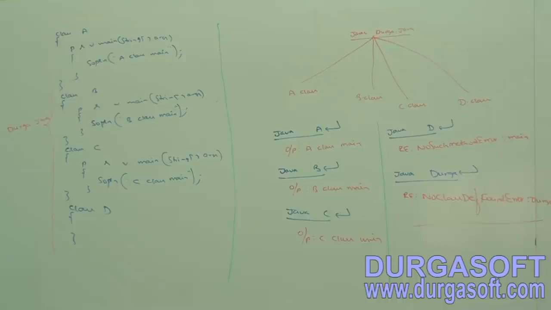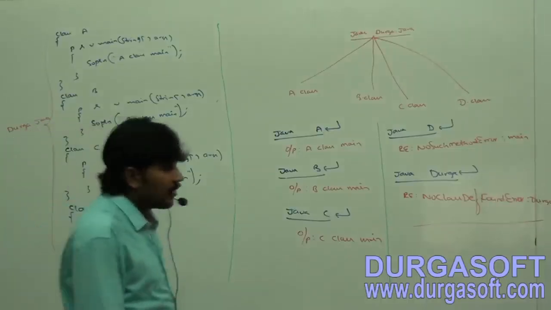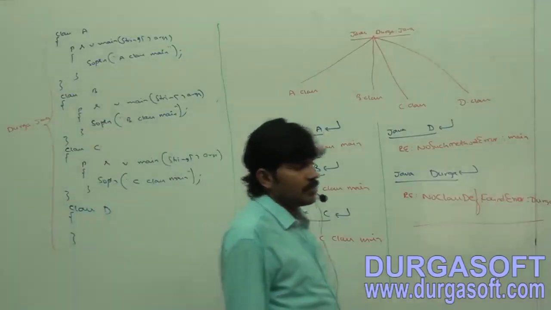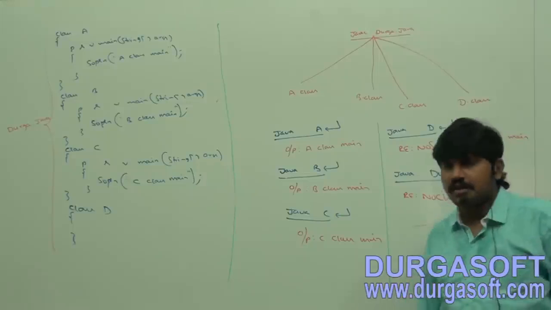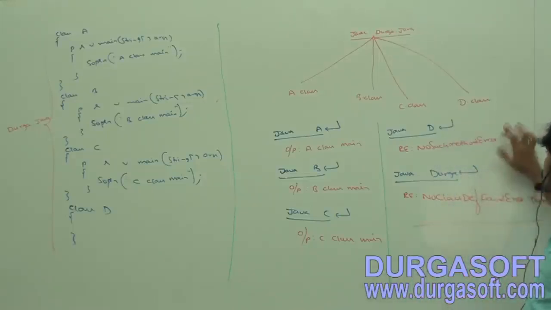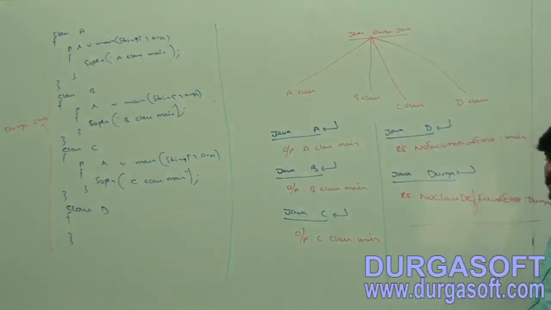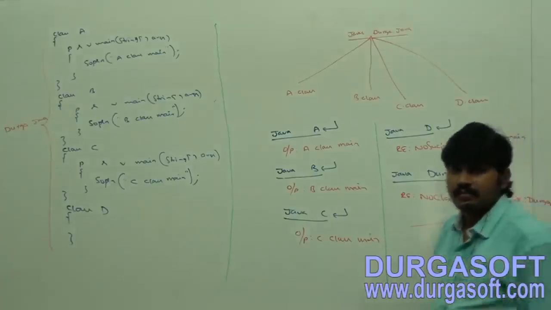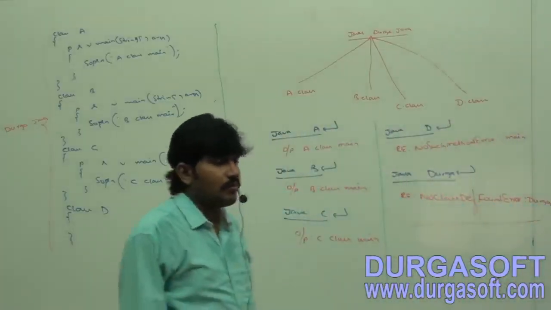Take clearly. java C, C class main. java D, we will get a runtime exception saying NoSuchMethodError: main.